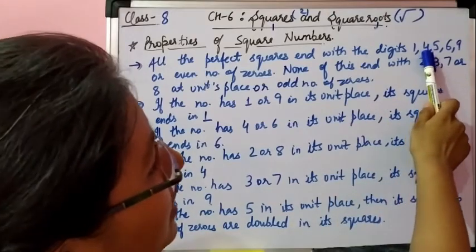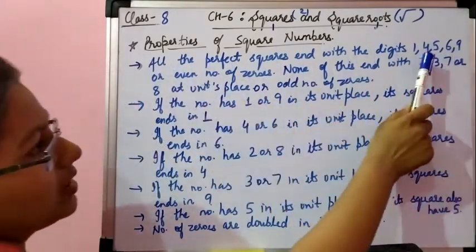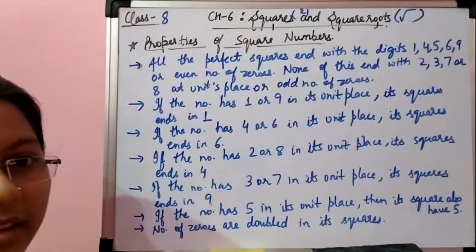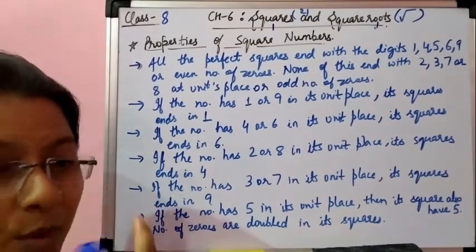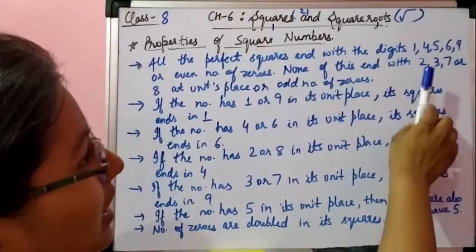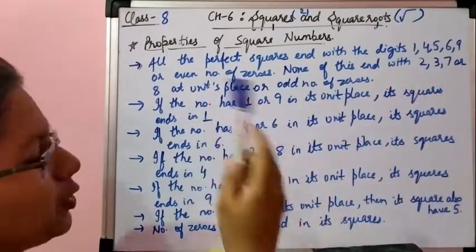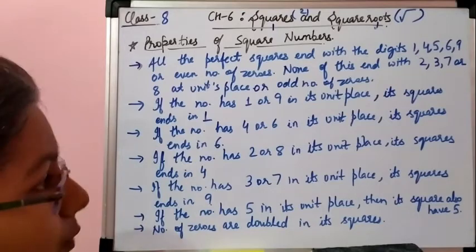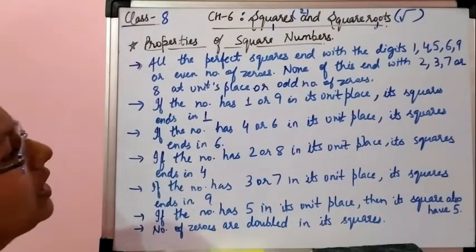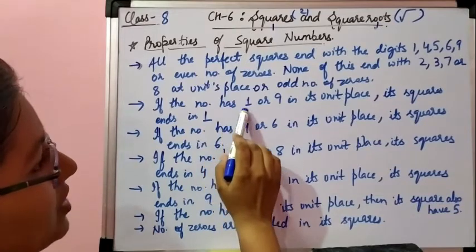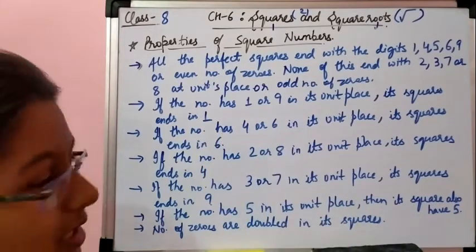If the number has these digits at the unit place, then it is not compulsory that it will be a perfect square, but it may be. But if the number has these digits at the unit place, then for sure it is not a perfect square number.